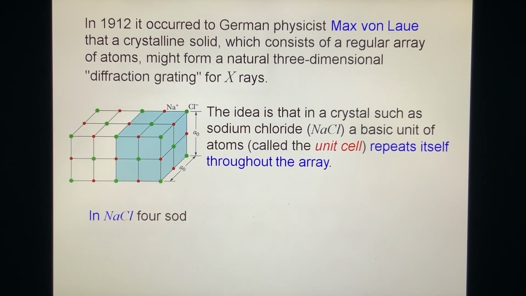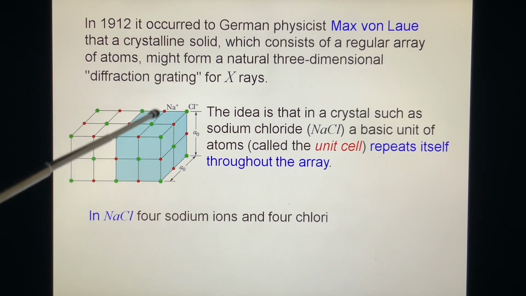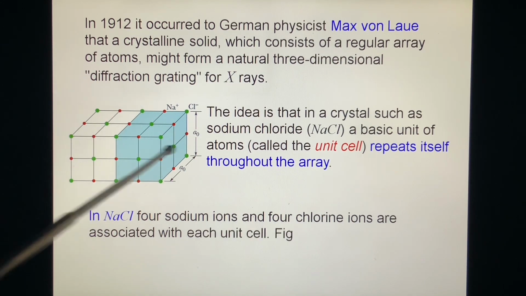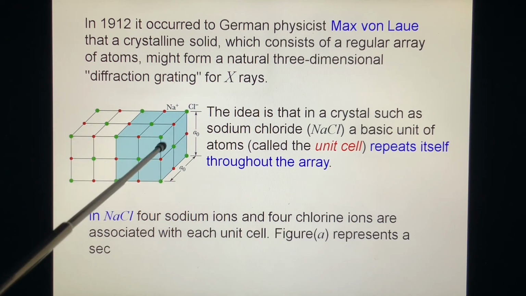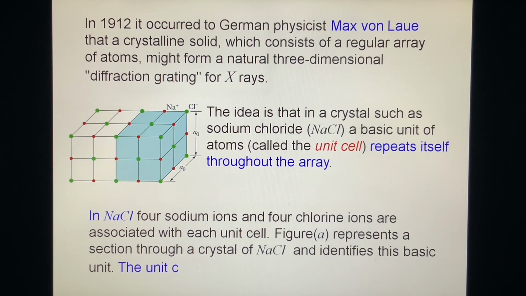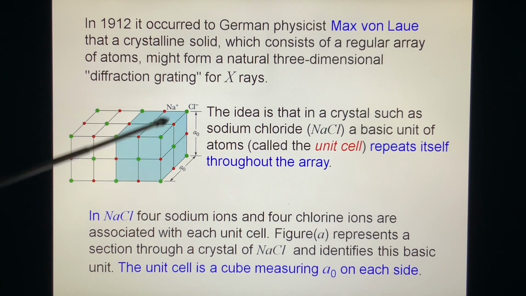In sodium chloride, this is the unit cell. You have 4 sodium ions and 4 chloride ions associated with it. So this is the picture of a section of the sodium chloride crystal, and identify this basic unit. This is the basic unit.